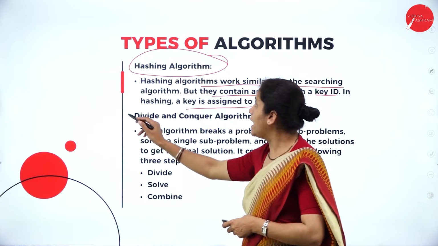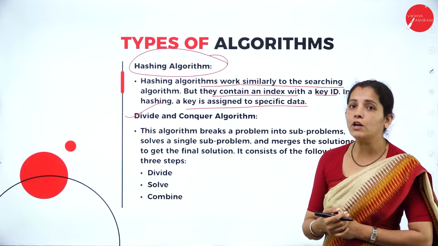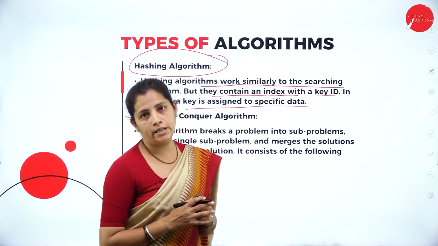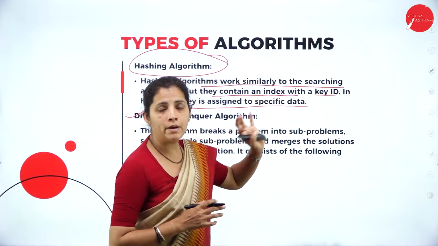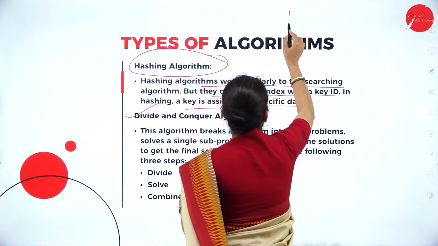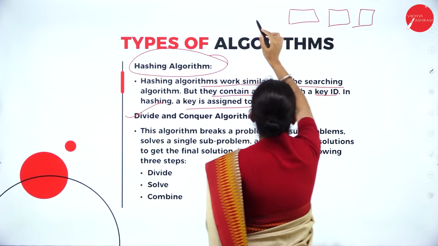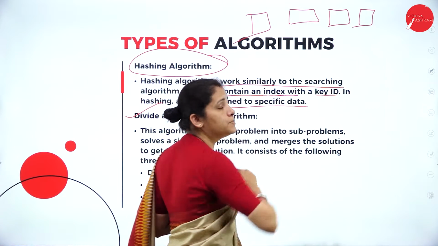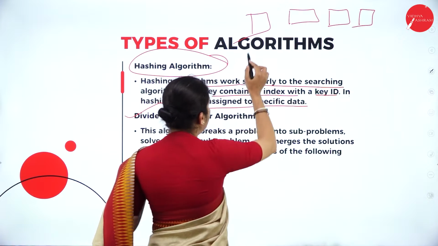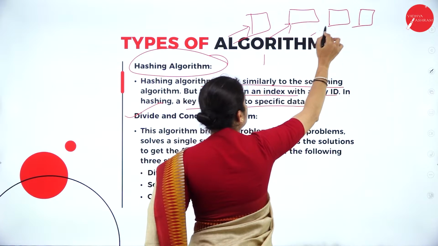And I have another type of algorithm, that is divide and conquer. So what is divide and conquer? In the divide and conquer technique, I'm going to have some complex problems. Think that I have a large problem. I'm going to break this problem into 4 sub-problems. Now I'm going to find the solution for each individual problem.